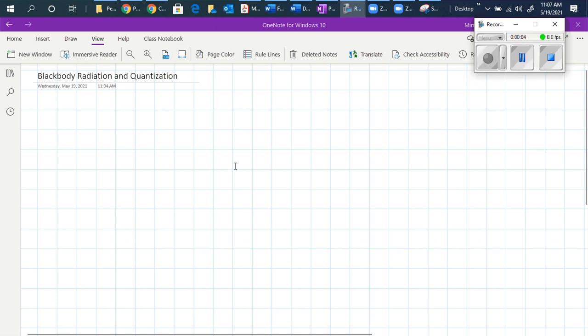In the previous videos, we saw what Dalton represented in terms of the model of the atom, what J.J. Thomson represented, and what Rutherford represented.